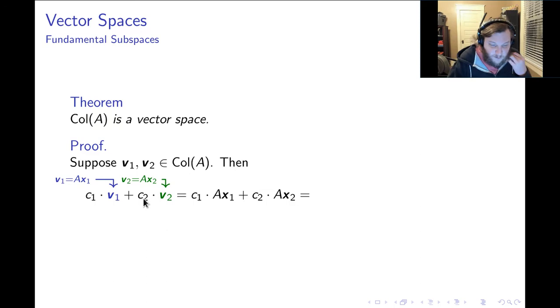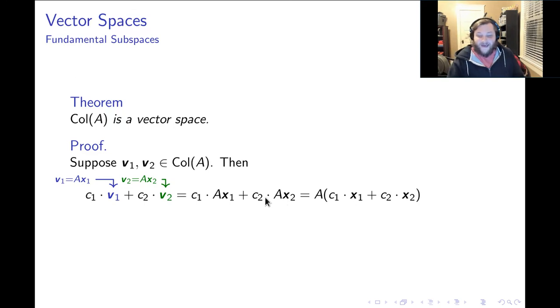So now I can make those substitutions in my linear combination. c1 times v1 plus c2 times v2 is the same thing as c1 times A x1 plus c2 times A x2. And now, of course, I can factor out A from this expression to obtain A multiplied by c1 x1 plus c2 x2. And think about what this is saying. What this is saying is that if we start out with any two vectors in the column space, we've just laid out an argument that any linear combination is equal to A multiplied by some vector.